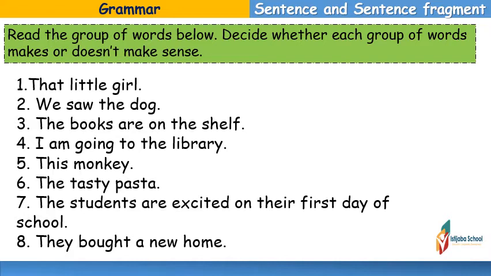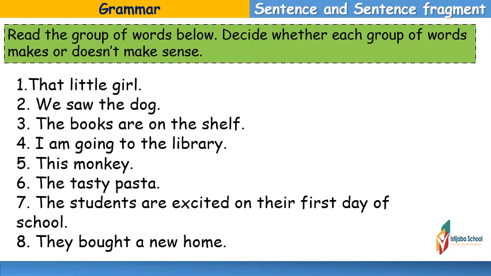Number four, I am going to the library. It makes sense because it has a clear meaning. Number five, this monkey. It doesn't make sense because it is incomplete and it doesn't have a clear meaning. Number six, the tasty pasta.